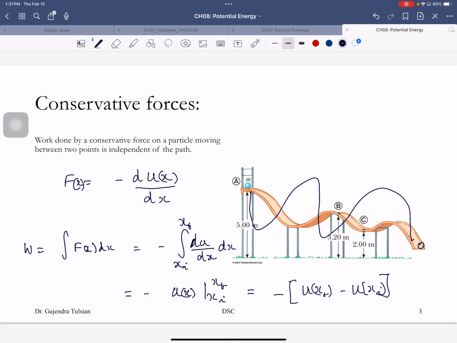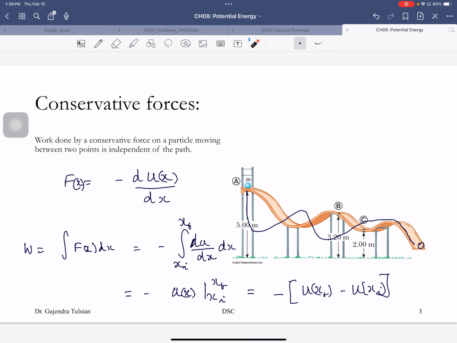Neat. Okay? Now, of course, I need to be a little more careful. If you start off at rest, that has to be the highest point for you to get there. All right.